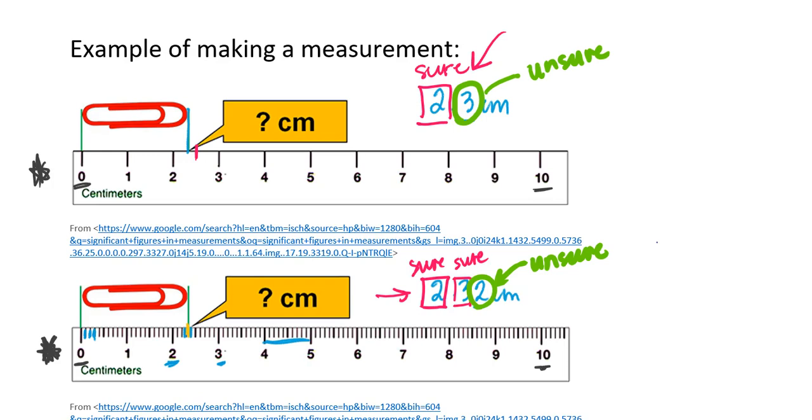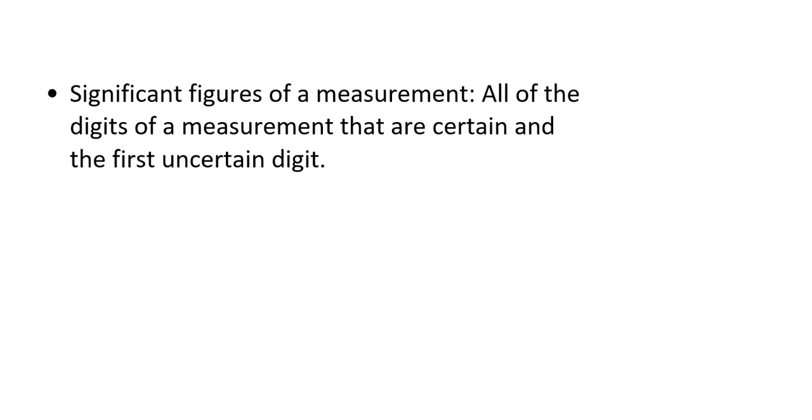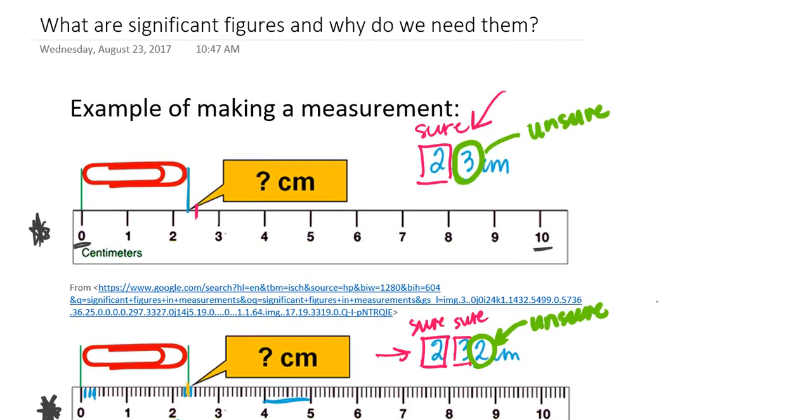And so if you go back to the reading in the book, we're told that when I have a measurement, the significant figures related to that measurement are all of the digits in the measurement that I'm sure of or certain of, and the first unsure or uncertain digit. Well, if that's the case, then that means right here, this first measurement has one sure digit and one unsure digit.